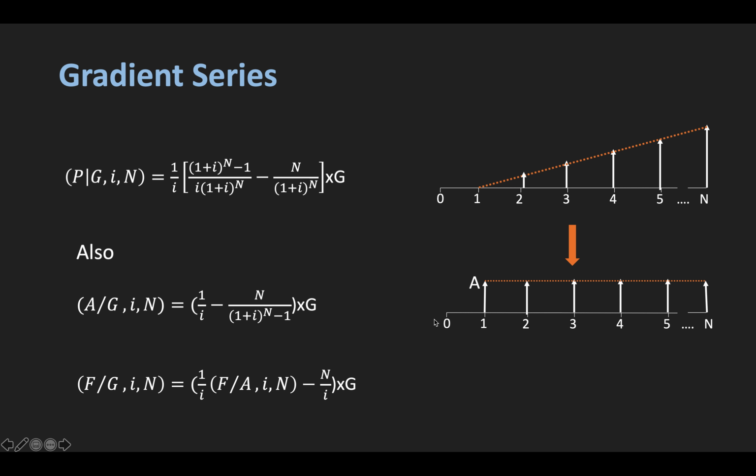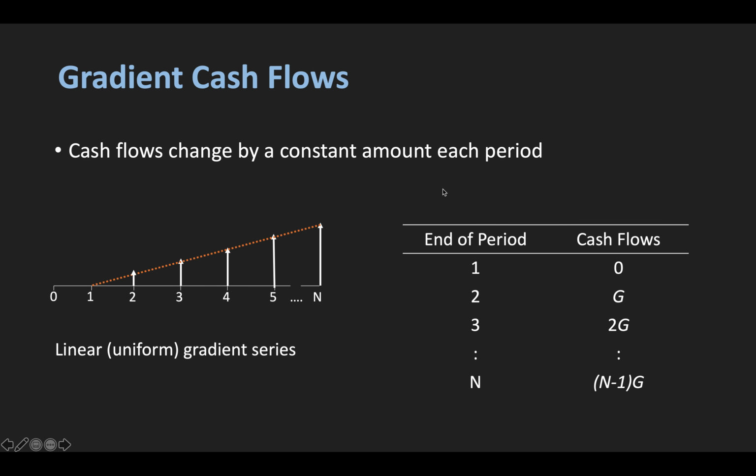One thing I want to make sure you understand is that it always needs to follow a gradient cash flow pattern. What I mean is that at the end of period 1, it needs to be 0, right?